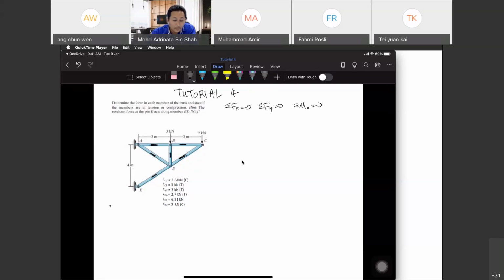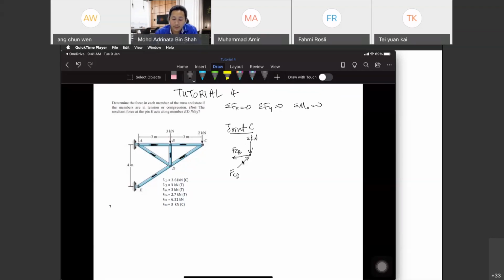For the first one, we look at joint C. We have joint C with 2 kilonewton, and then we have FCB and also FCD.